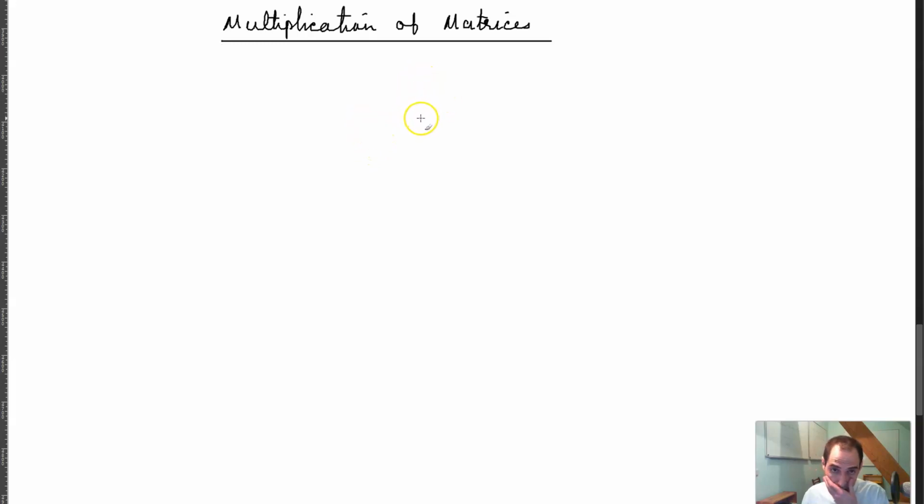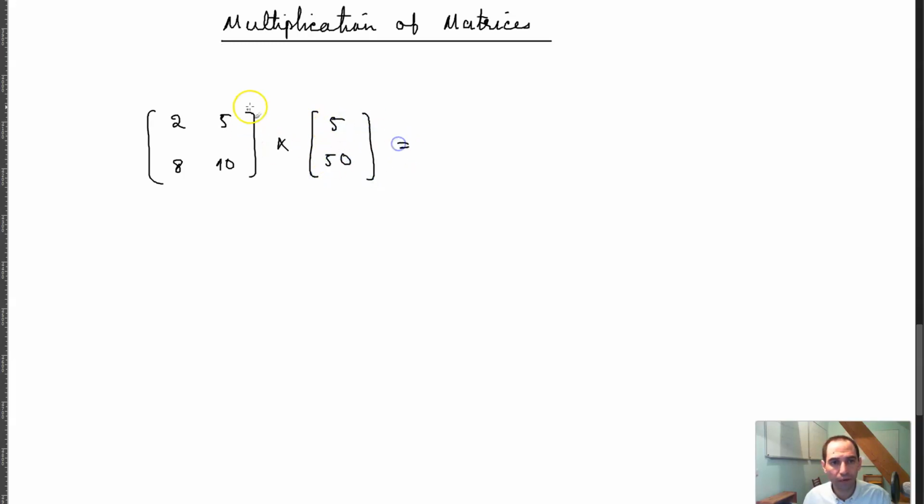Usually when you learn how to multiply matrices, you are told that if you have a matrix like 2, 5, 8, 10, and you multiply it by this matrix here, 5, 50, this is a 2 by 2 matrix, this is a 2 by 1 matrix, therefore you will get a 2 by 1 matrix here.